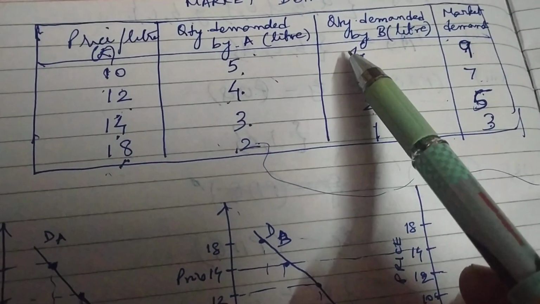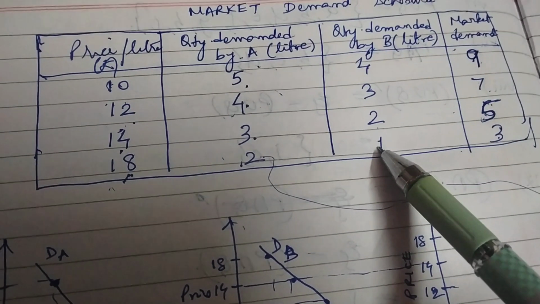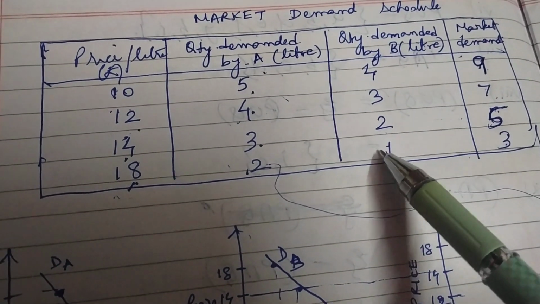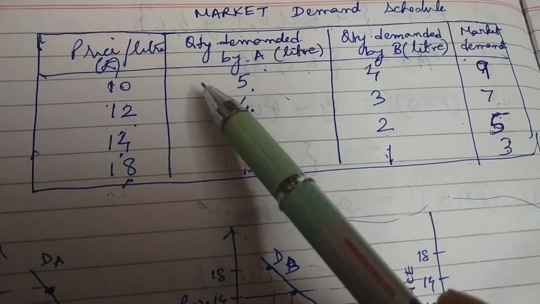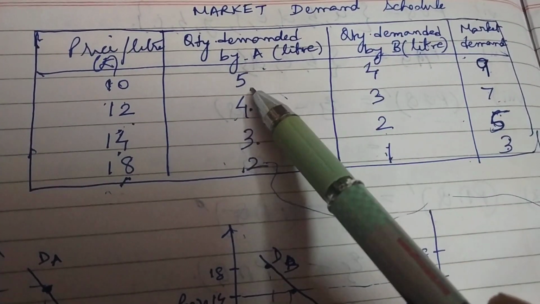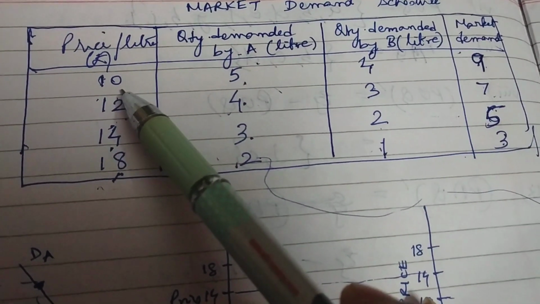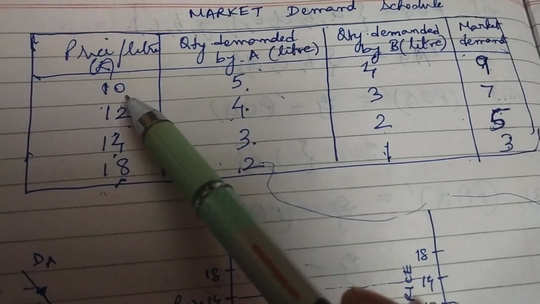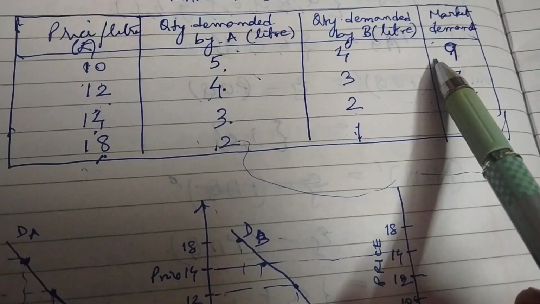Similarly, for individual B, we see 4, 3, 2, 1. So, these are the individual demands. But in a market, there are many individuals and the market demand will be obtained by adding up the individual demand for the respective price. So, at rupees 10 per liter, if I add the demand of A and B, what do I get? 5 plus 4, 9.